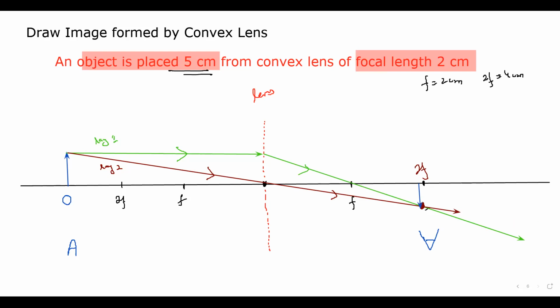But what is the position of the image? The position of the image is the one where the two light rays intersect or meet. When the two light rays meet, we will observe an image at that position. Is it clear till this point?